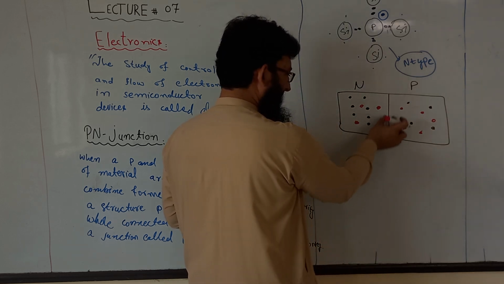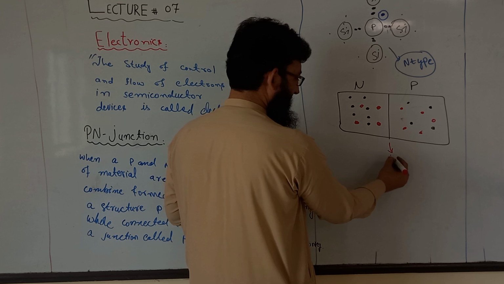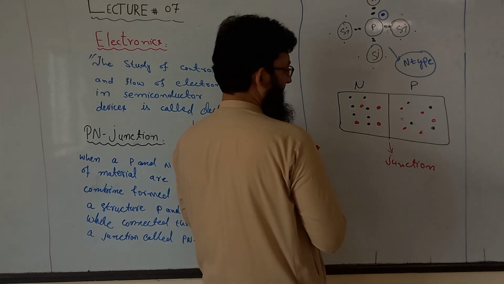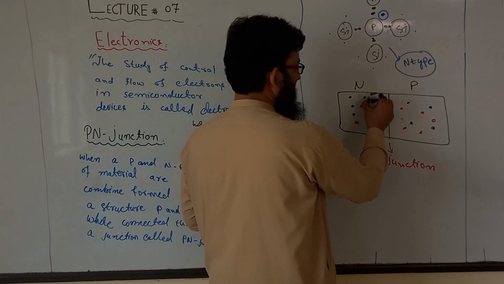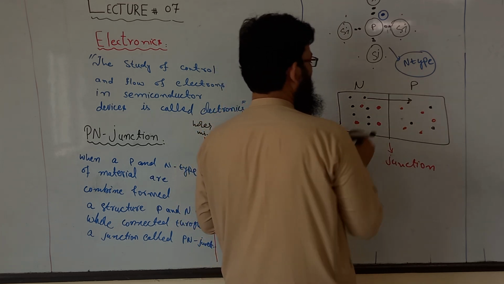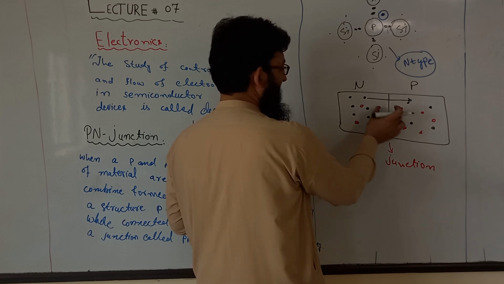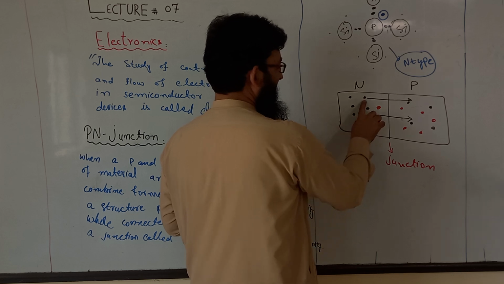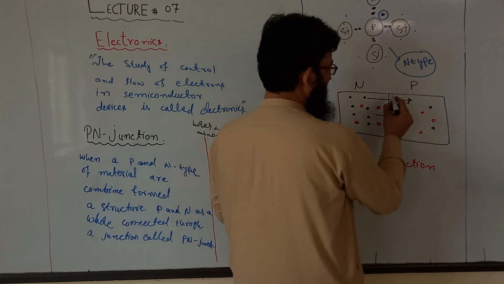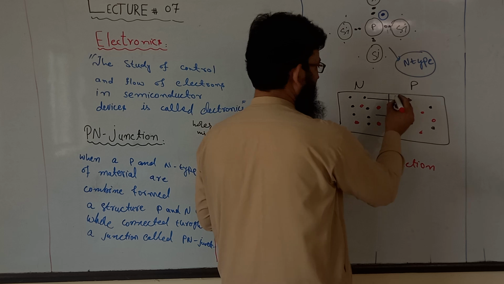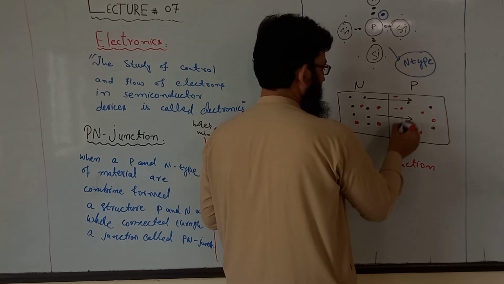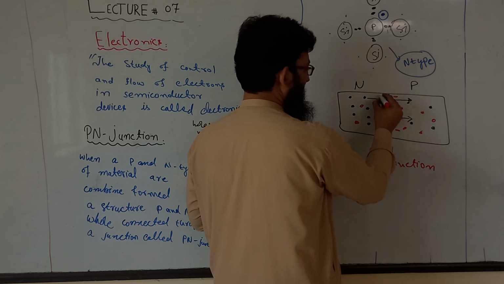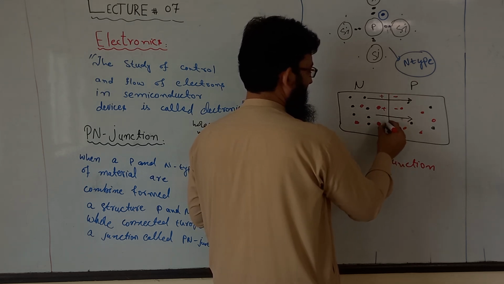When they are combined, this point is called what? Junction. So what will happen by combining these two? The extra electrons, or the majority carriers, or the larger number of electrons in n type start to diffuse to the p type material. So when electrons shift here, a negative ion will be produced near the junction on the p type side, and when electrons jump from here to there, a positive ion will be produced near the junction.